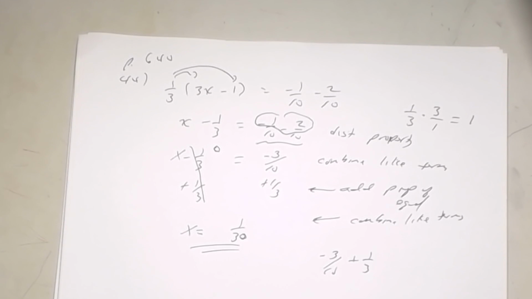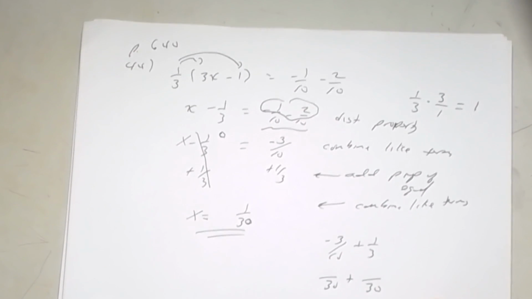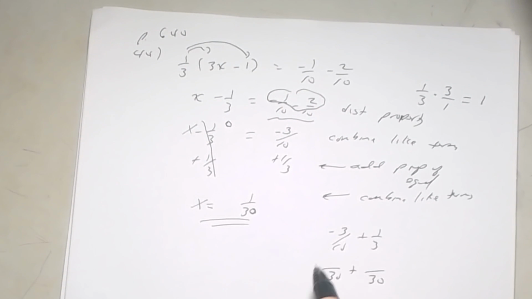Very good, 30. 10 goes into 30 and 3 goes into 30, and that's the smallest. Now, there's an infinite number of common denominators, like 60, 90, and so on, but the smallest is 30. So I'm going to write two fractions with 30 as the denominator. And now I'm writing equivalent fractions.